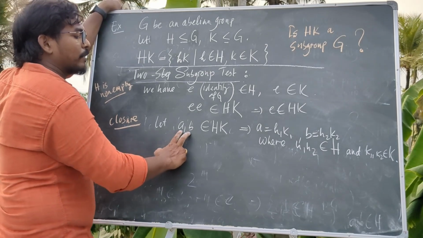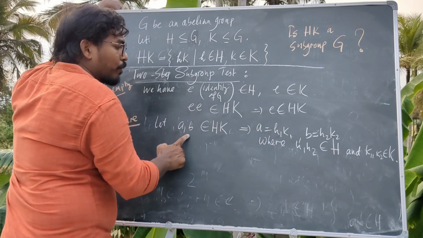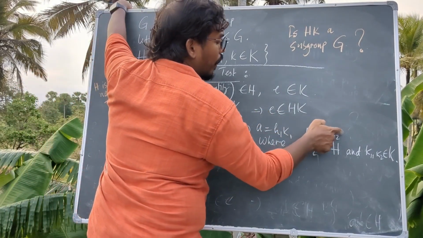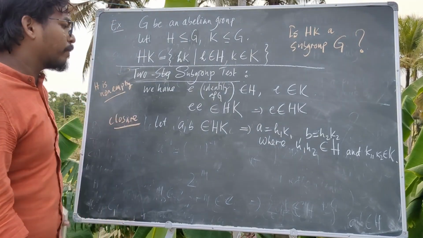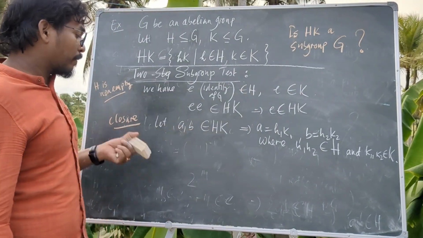If two elements are in the subset HK, A must be in this form and B must be in this form, where H1 H2 are from subgroup H and K1 K2 are from subgroup K. What we have to show is that its product lies in the subset HK.